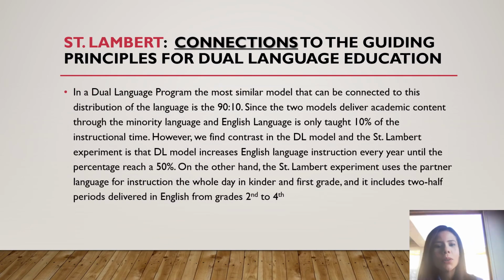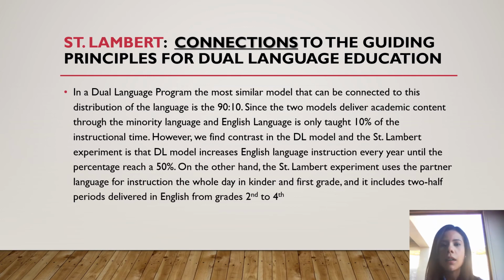In a dual language program, the most similar model that can be connected to the St. Lambert experiment in the distribution of the language is the 90-10 model. Since the two models deliver academic content through the minority language, English is only taught 10% of the instructional time.